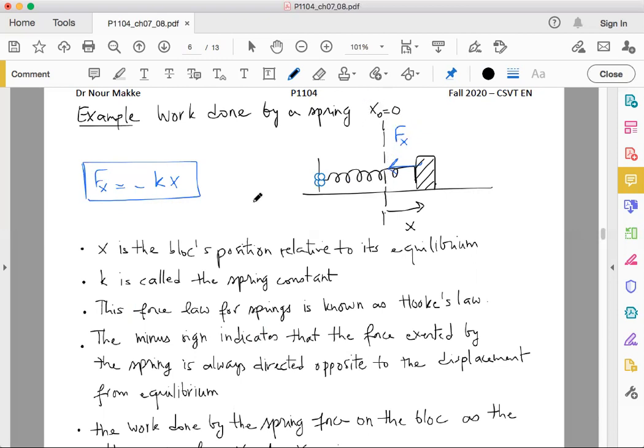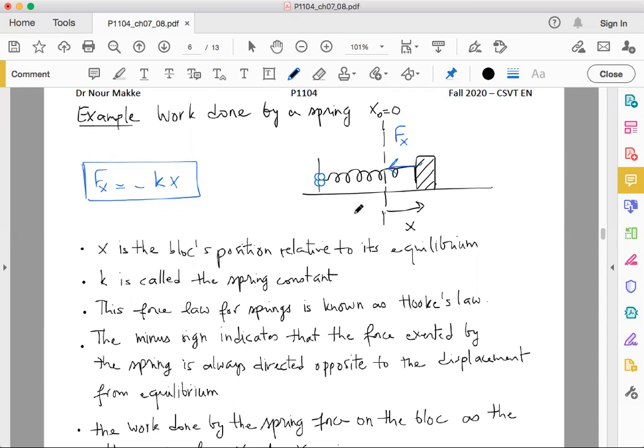This spring force is given by F equals minus kx, where x is the position of the block relative to the equilibrium position, so relative to x0 equals 0. That is, how much the spring is stretched or compressed. K is called the spring constant, and this force law for springs is known as Hooke's law.